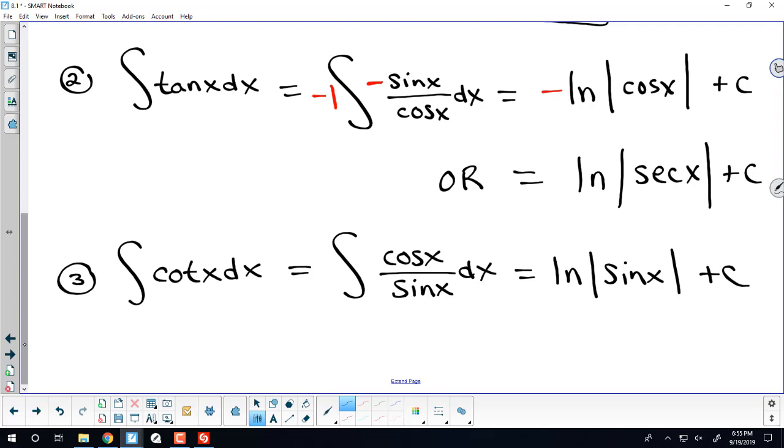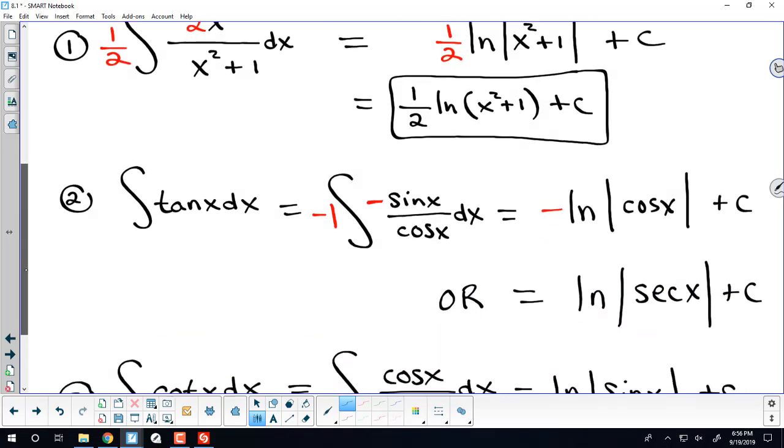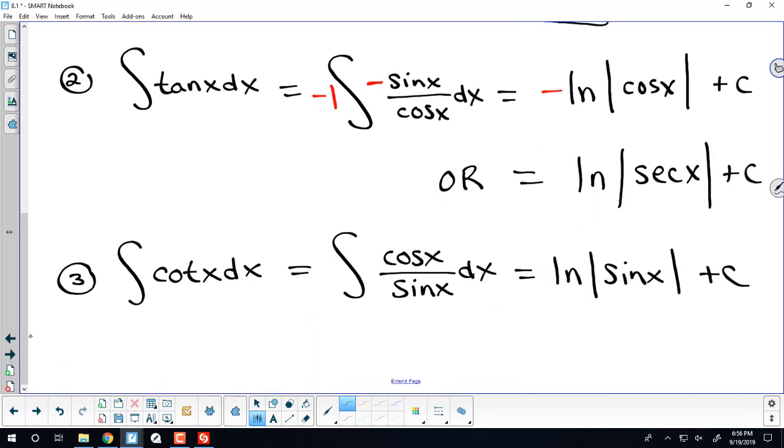Because again, function on the bottom, its derivative is on top. It's in log form. Why was it that the absolute value wasn't necessary before? So it depends on the function. Since this function, x squared plus 1, was always positive, we didn't need the absolute value. But initially it's there.